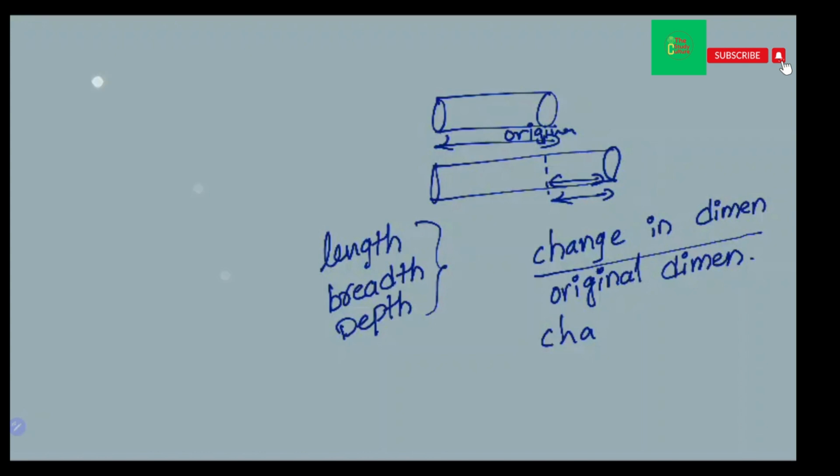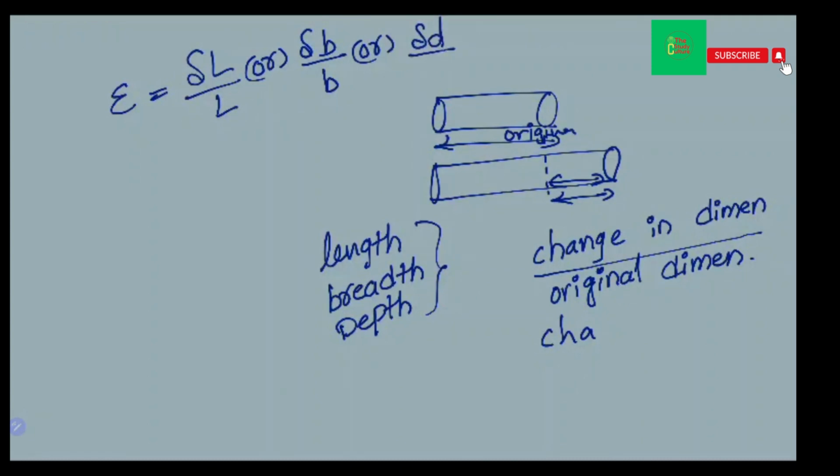Okay. Formula: change in length divided by original length, change in breadth divided by original breadth, or change in depth divided by original depth. And the sign conventions: for compression, the sign is negative.